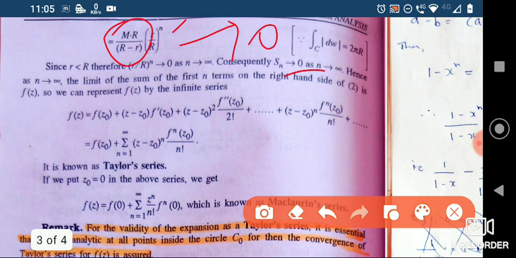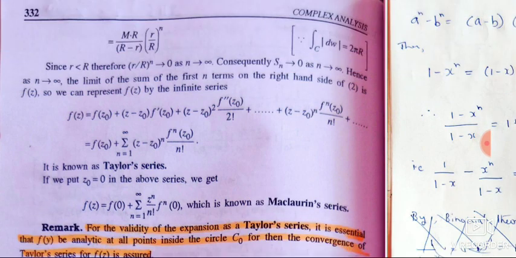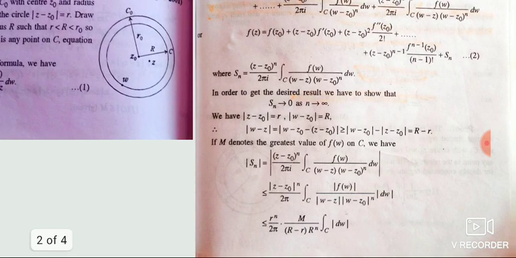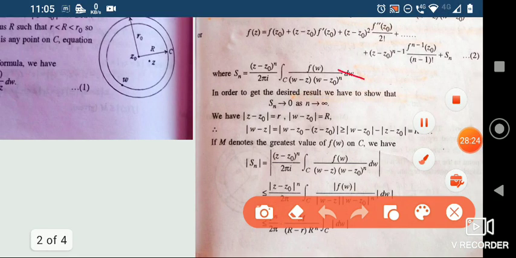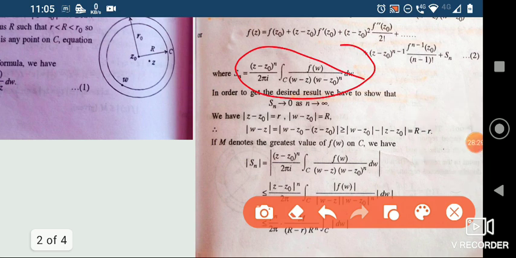Okay, see this in the final equation we are going till infinity, f of n plus 1, f of n plus 2, and so on. Then what is this? This Sn is nothing but the remainder which was there. So what they are telling here is this remainder is very small, such that as it goes on, it converges to 0.